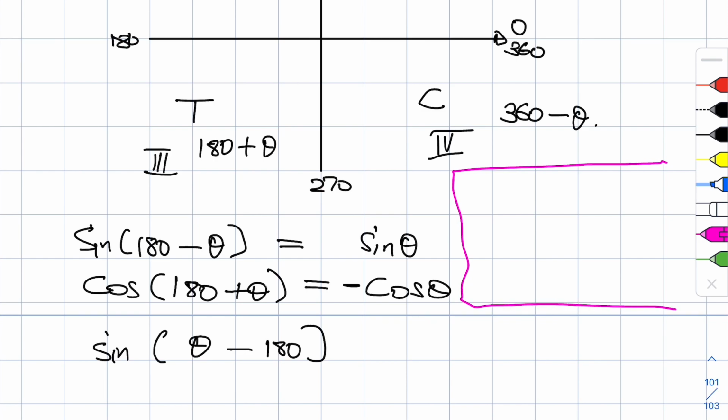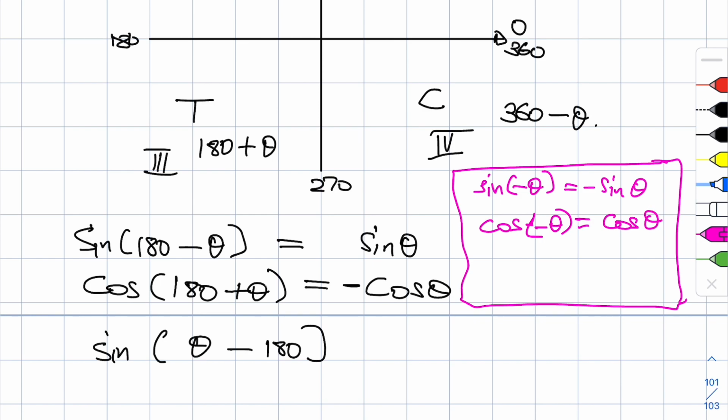The only negative angle that becomes positive is cos. Basically, we have sine negative theta equal to negative sine theta, cos negative theta equal to positive cos theta, and tan negative theta equal to negative tan theta.